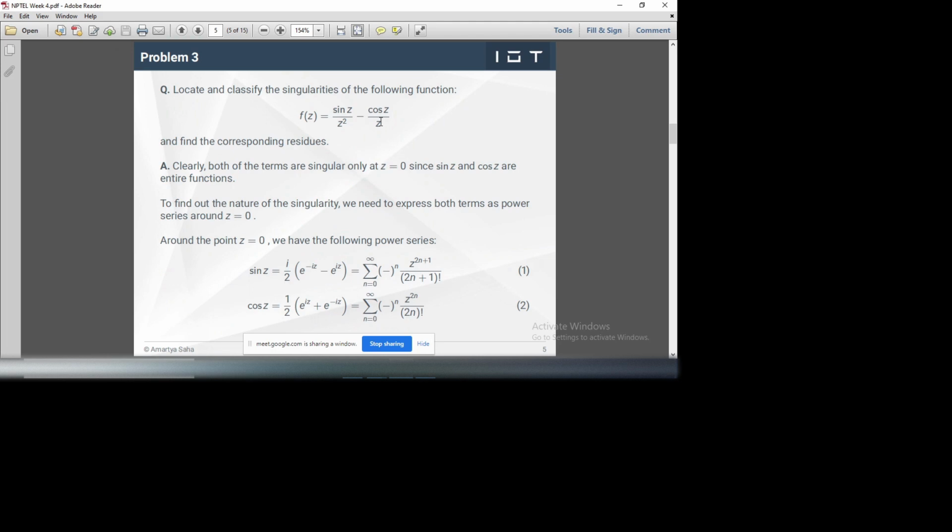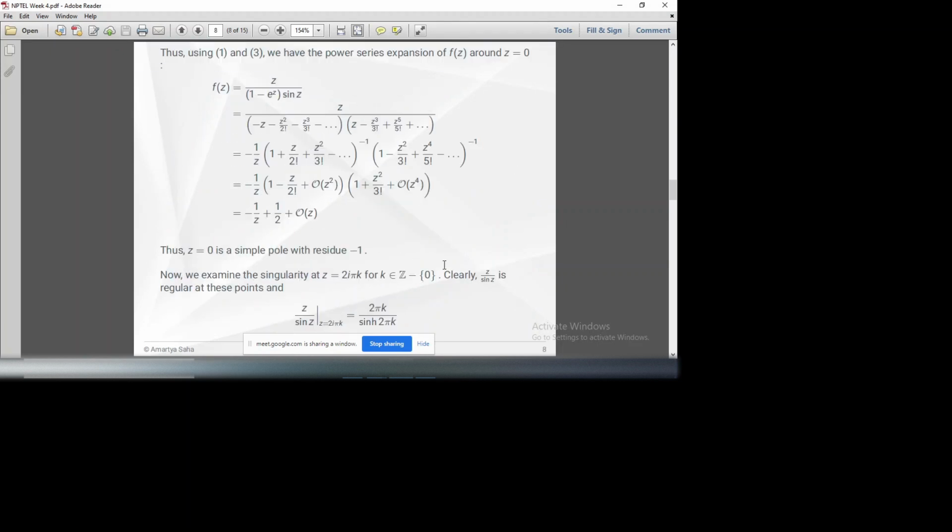Here I have explicitly written these terms. As you have seen, this expansion only contains the odd powers of z, so that is why I have written these things explicitly. This is the series expansion of 1 minus e to the power z, and this is the expansion for sine z.